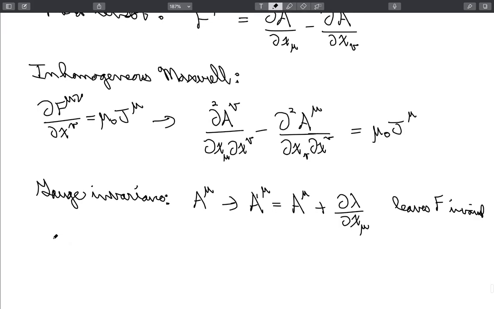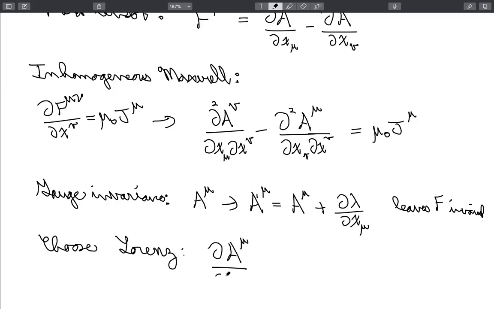Now we can choose the Lorenz gauge, Lorenz, no T. This guy was a Danish guy. And in this case, the Lorenz gauge that we had seen when we did the potentials chapter, the notation for this one here is again particularly simple.